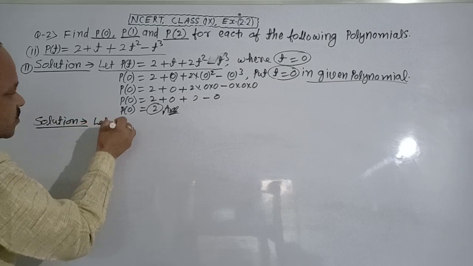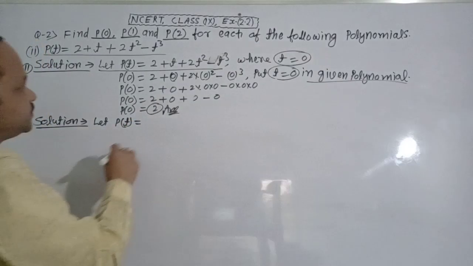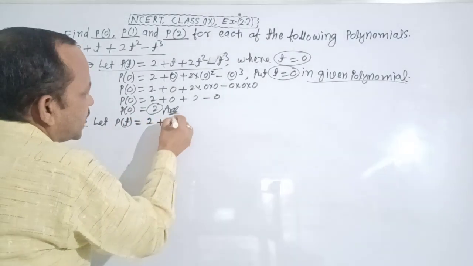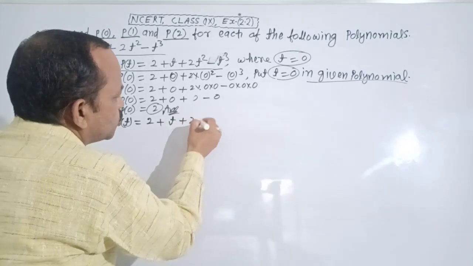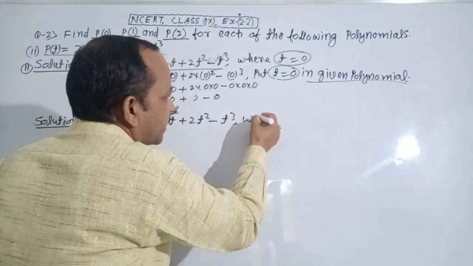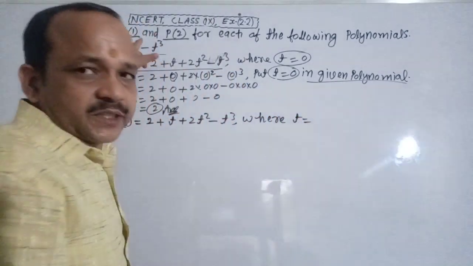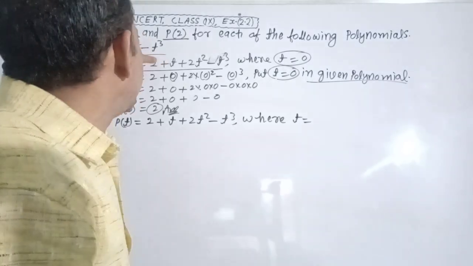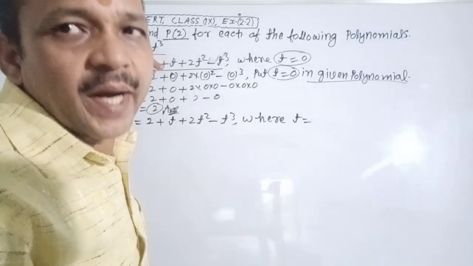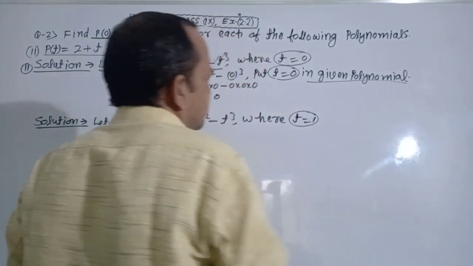Let p(t) equal to 2 plus t plus 2t square minus t cube, where t equal to, next time you put the value of t equal to 1. Clear? t equal to 1.